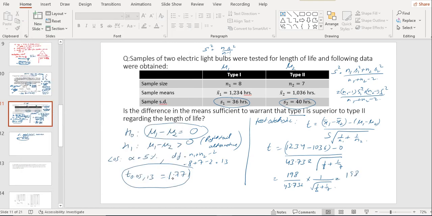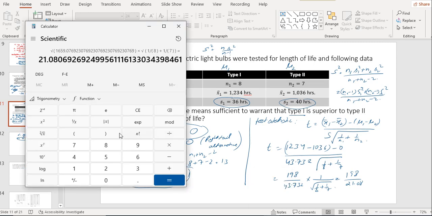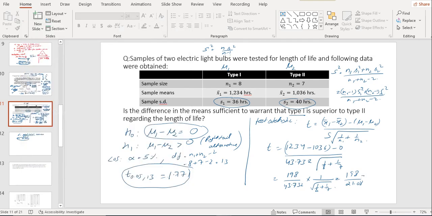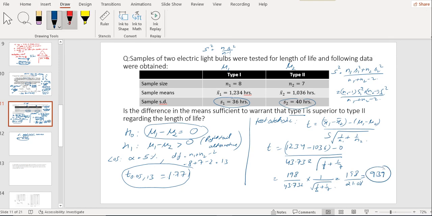So 198 upon 21.08. If I divide this number, the value comes out to be 9.39, but the tabulated value is 1.771.